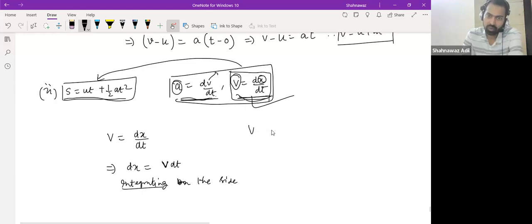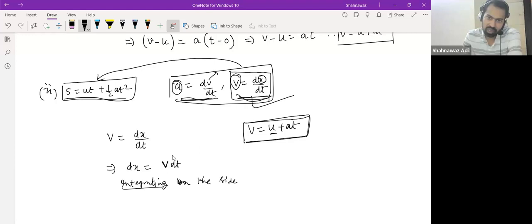Okay, v is u plus at, right? This we know. This is constant and then this is constant, right? We know this, right? So we can plug in this value and then solve. So let us solve.